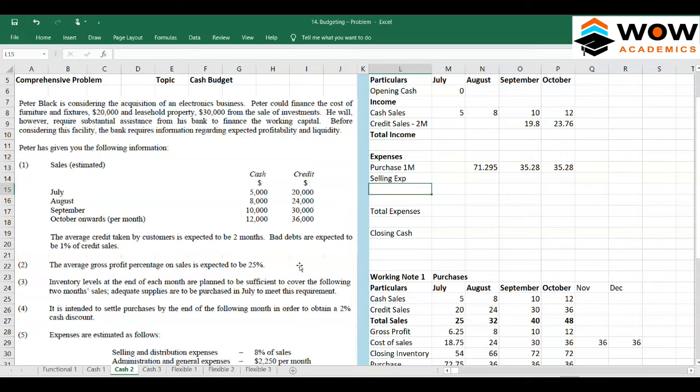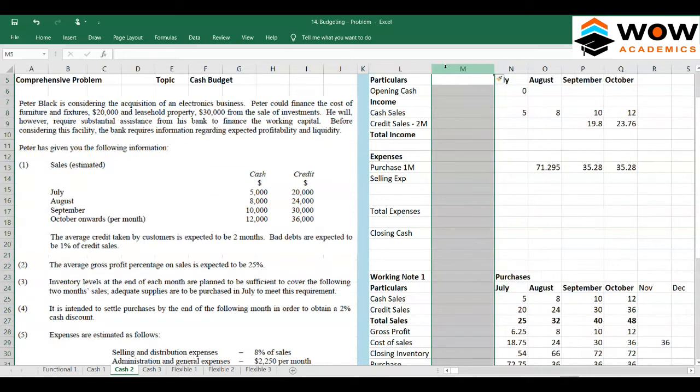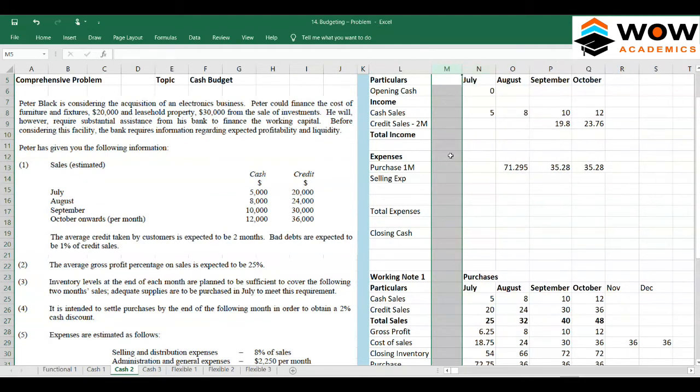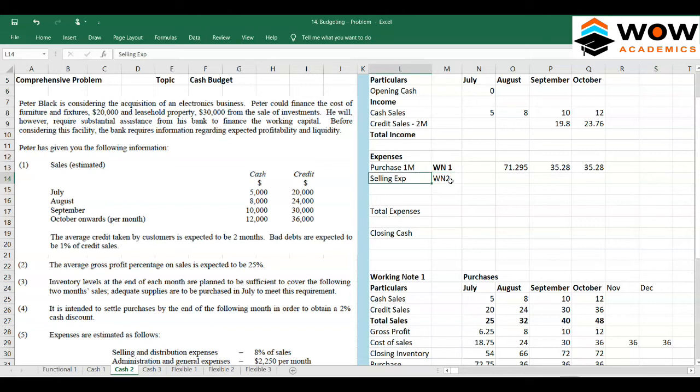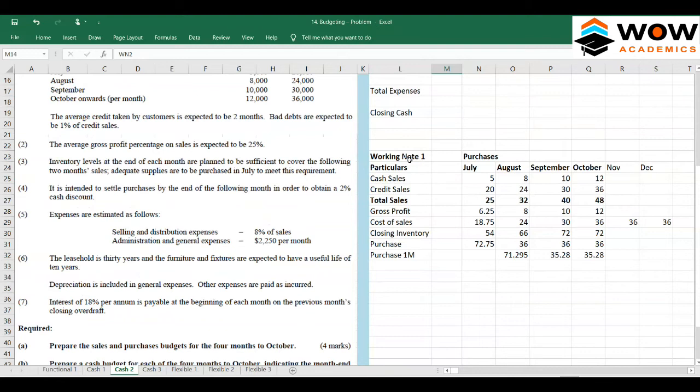So again I don't think we can work it out so easily. As we have worked out the working note, we'll just put working note 1. For this also we'll do a working note 2. Why should we have a working note? We'll just see.